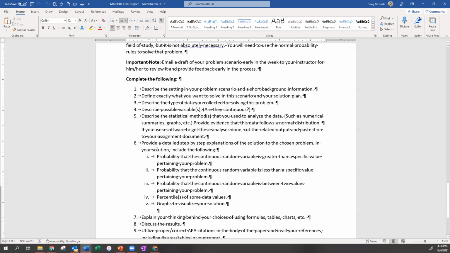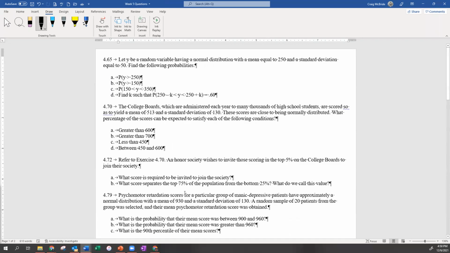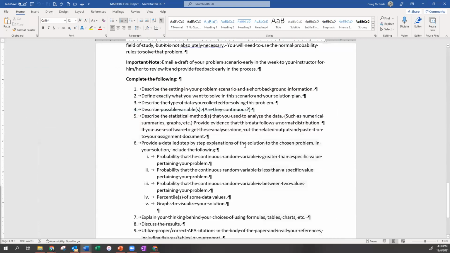Part 6 is basically just a rehashing of the homework. If you look at it here, what's the probability that something is greater than something? What's the probability that you're in between two somethings? What's the probability that you're less than something? Well, that's exactly what this is.